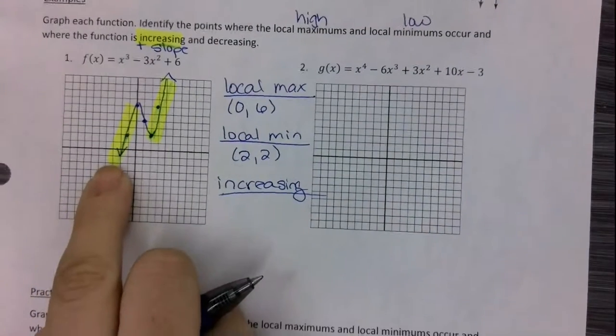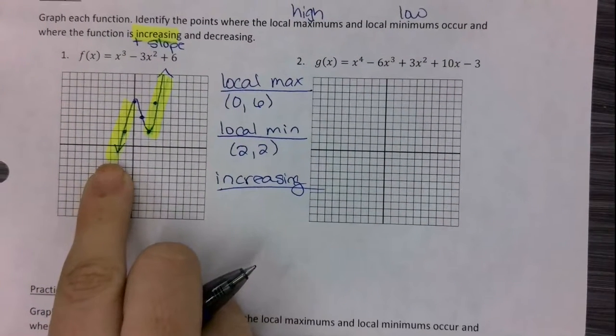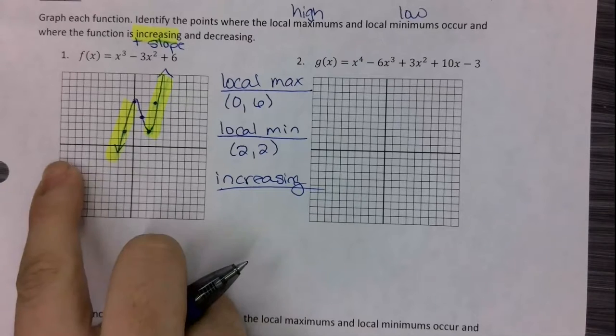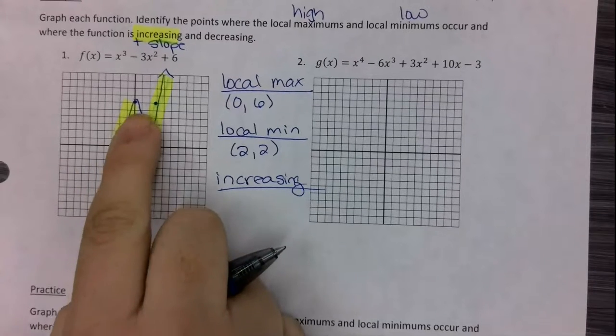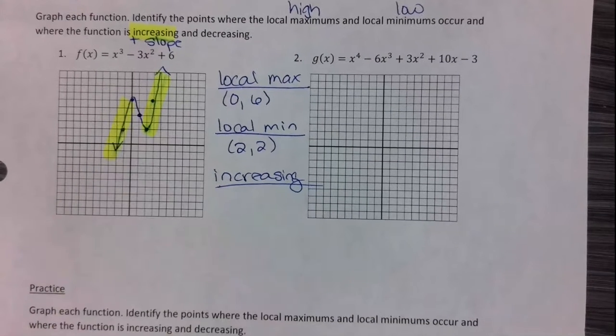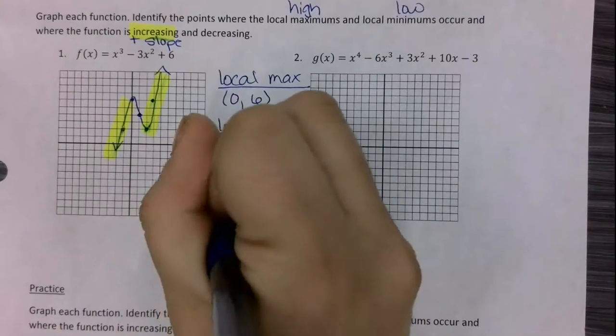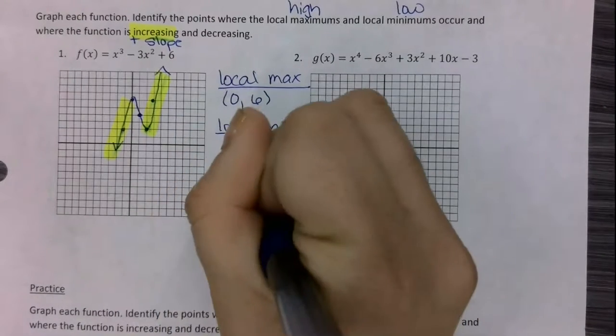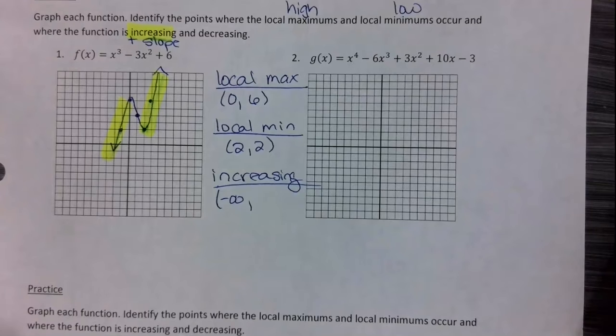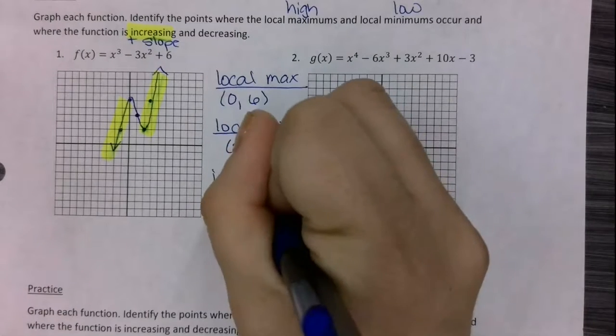Okay. So what I need to say is where it's increasing. Does everyone agree that from the left side to this point, it's increasing? Remember, the way we say left in math is negative infinity. And at that point, the x value was 0.